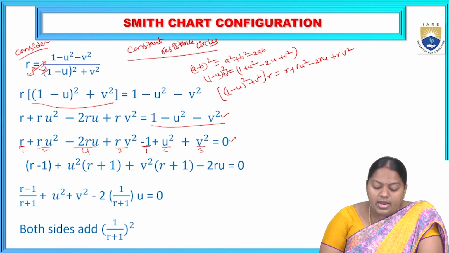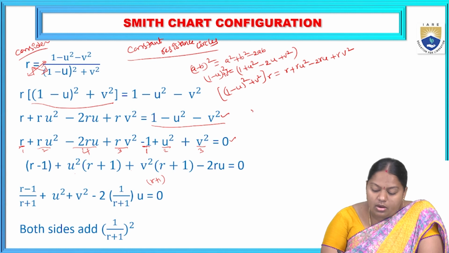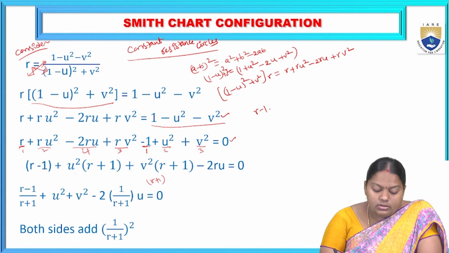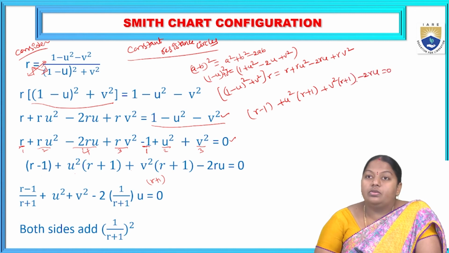Okay, now to write the circle equation, if you take r plus 1 as common between all the terms, right? Consider this equation: (r minus 1) plus u square into (r plus 1) plus v square into (r plus 1) minus 2r into u equal to 0.